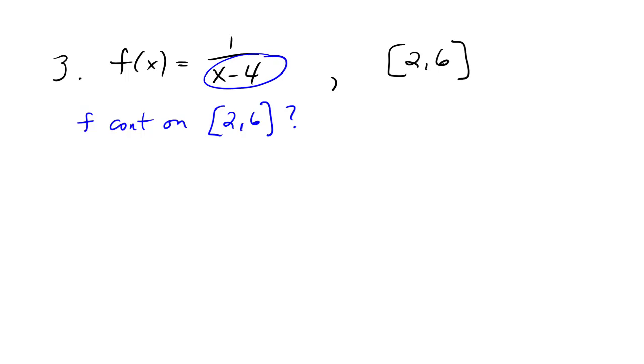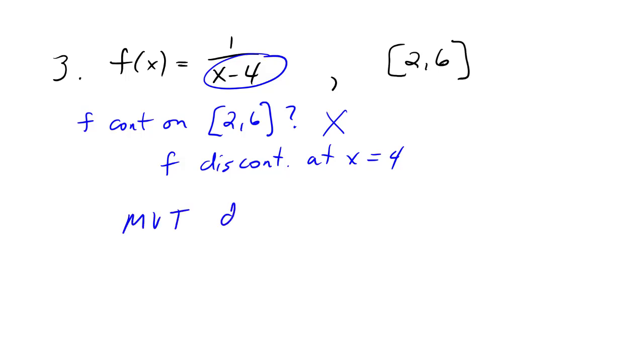Obviously, this rational function has an issue at 4. f is discontinuous at x equals 4, so no, this doesn't work. Since it's not continuous on the closed interval, we're done. MVT does not apply. I can't move forward in using MVT to make any guarantees here.